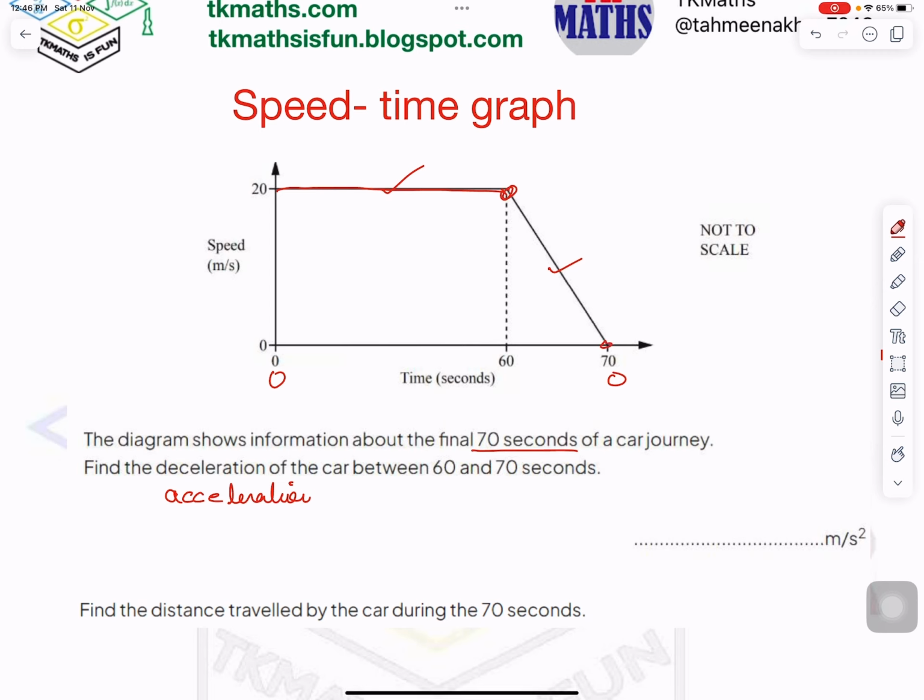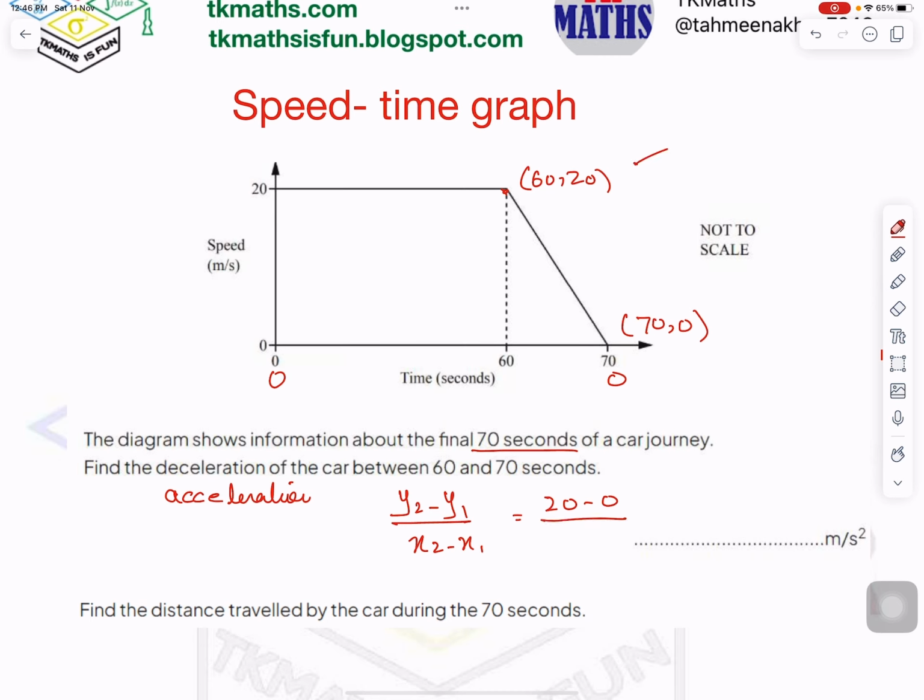So the question is saying what is the deceleration? You just have to find out the gradient of this line. So what is the point here? 60, 20, and here it is 70, 0. And you know the gradient formula, which is what? y2 minus y1 over x2 minus x1. So I will apply this formula on these 2 points, which I have taken on the line.